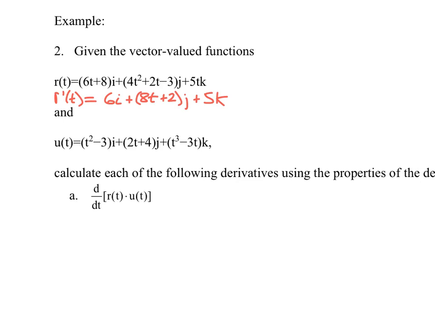And u prime is going to be 2t times i plus 2j plus 3t squared minus 3k.